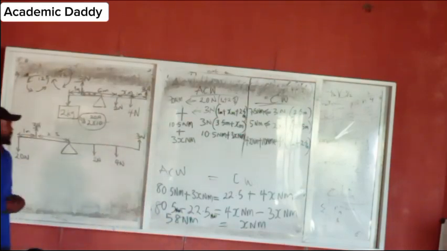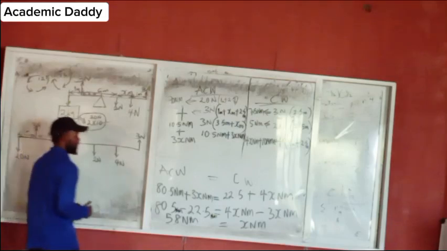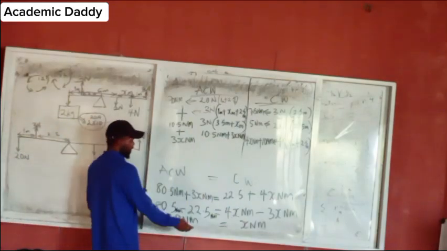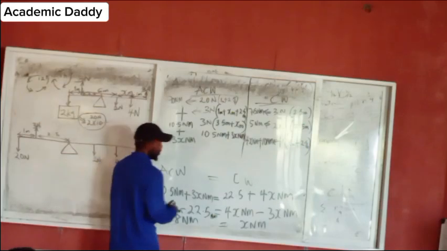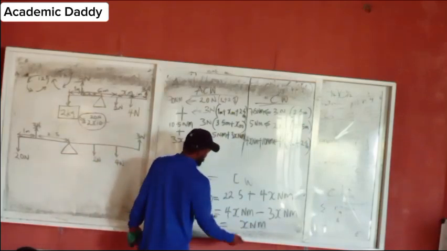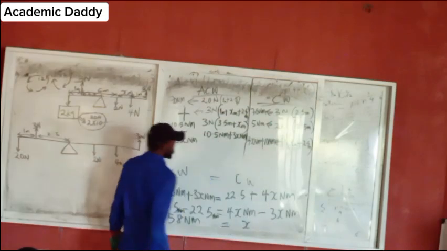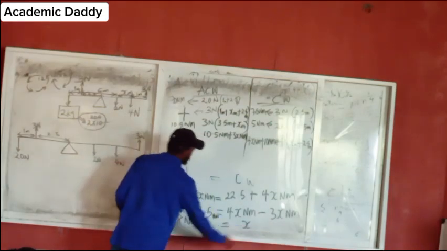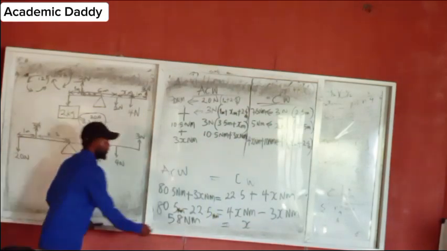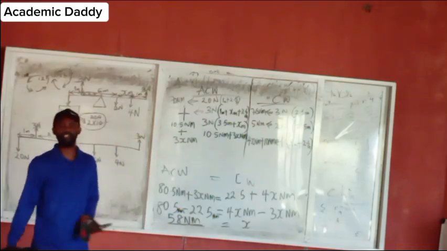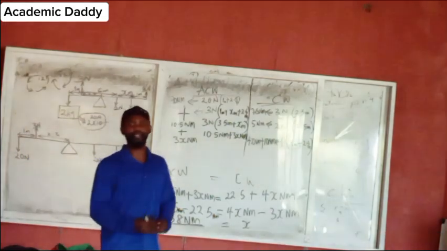Since we don't know x, no need attaching the Newton meter to it. So x is simply 58 Newton, and I noticed everybody was getting 58. That means this is very simple.